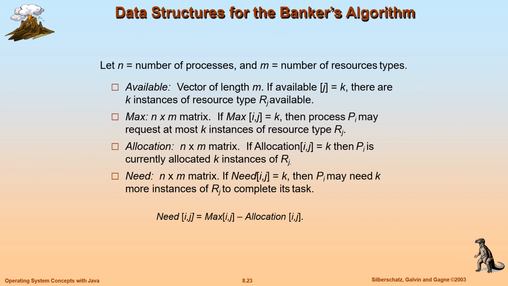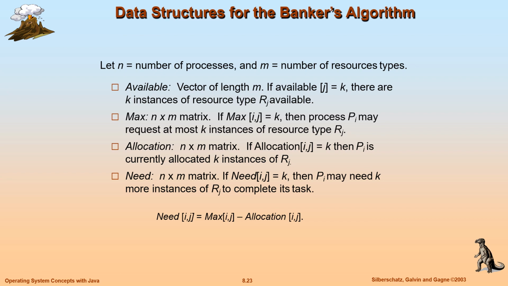This is the algorithm. Let n equal the number of processes and m equal the number of resource types. Available is a vector of length m. If available[j] equals k, there are k instances of resource type Rj. Max is an n by m matrix. If Max[i][j] equals k, then process Pi may request at most k instances of resource type Rj. Allocation is an n by m matrix.